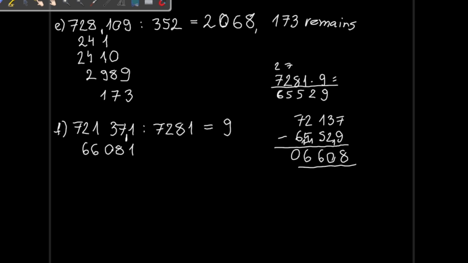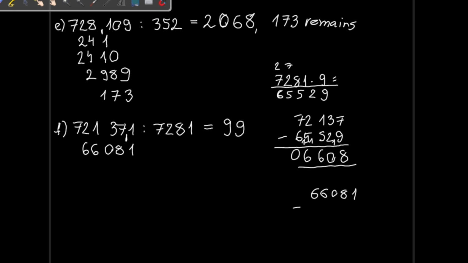And once again we divide. As we see, it will be able to fit 9 times again. And the remaining part will be after the number we get when we subtract these numbers.